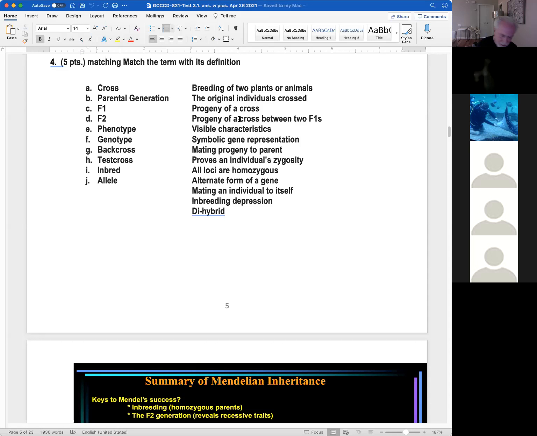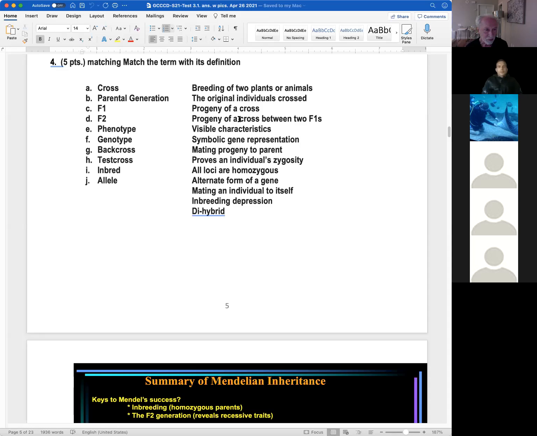Right. It's exactly what it sounds like. It's a back cross. So if you take an F1 progeny, cross it back to the parent, that's a back cross. In contrast to an F2, where you take an F1 progeny and cross it to another F1 progeny. So that's the distinct difference between a back cross and an F2.